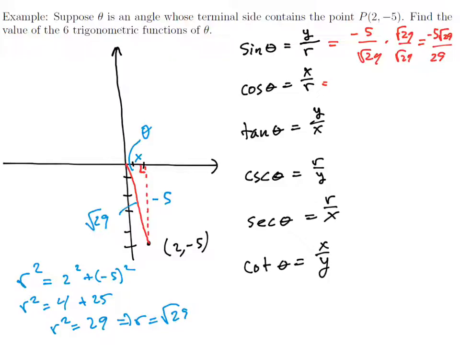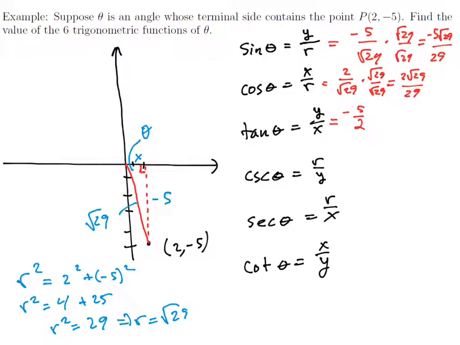For cosine we have x over r, so this is 2 over square root 29, and then rationalizing we get 2 square root 29 over 29. Tangent is y over x, so this will just be -5 over 2.